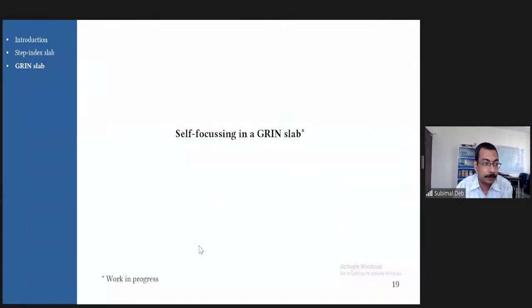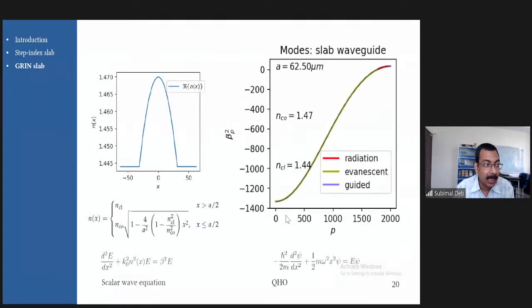Okay. So I move on to the next part of my talk, where I'll be talking about the graded index slab, and we are going to take a look at this parabolic profile of refractive index, which is the most common graded index profile that one looks at.